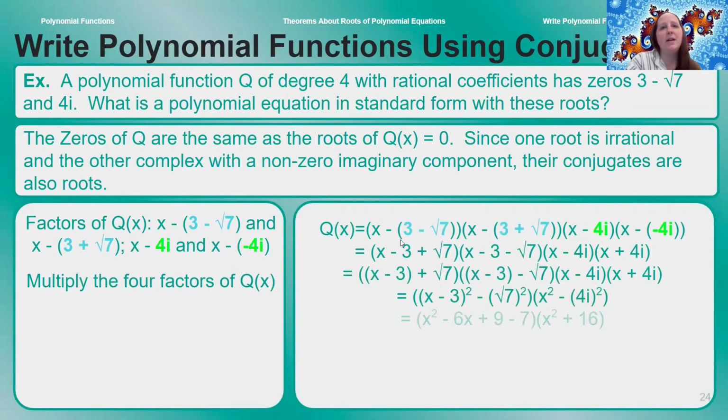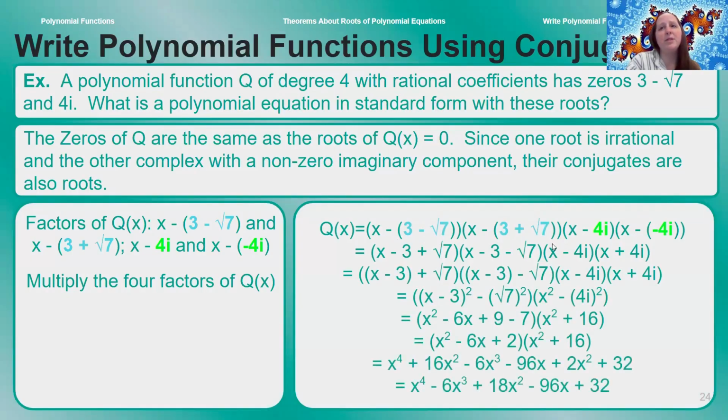So again, x minus 3 minus square root of 7, x minus 3 plus the square root of 7, x minus 4i, and x minus negative 4i. So I get x to the fourth minus 6x cubed plus 18x squared minus 96x plus 32 once I multiply everything out.